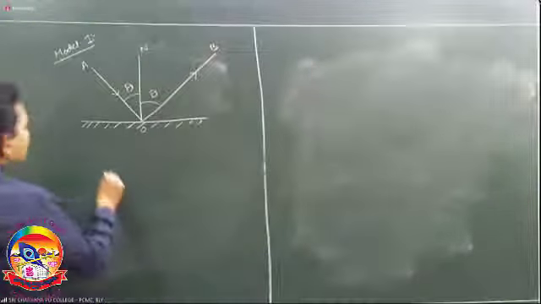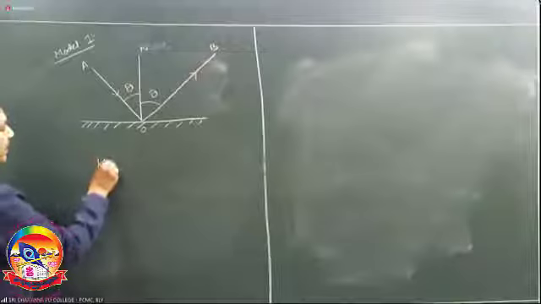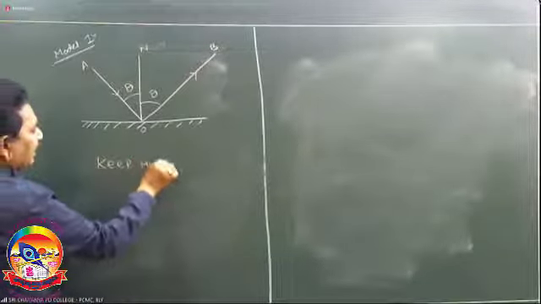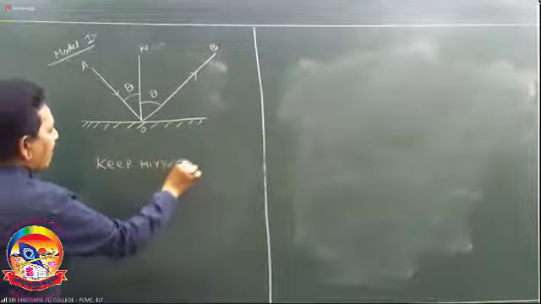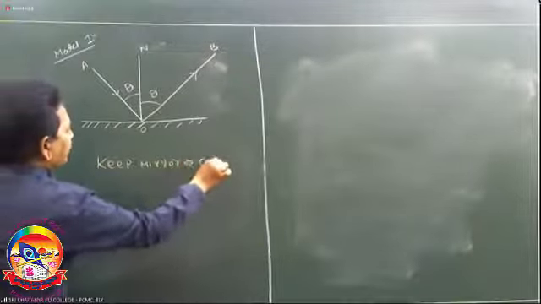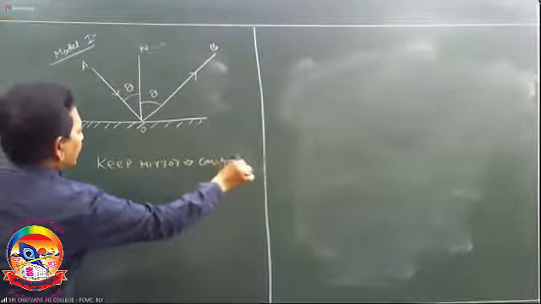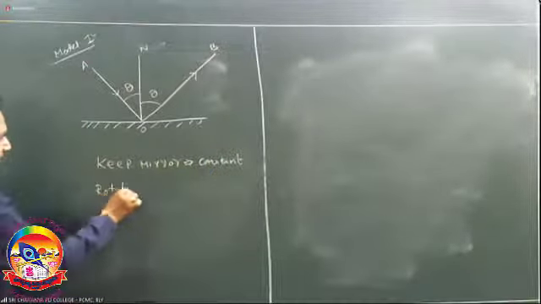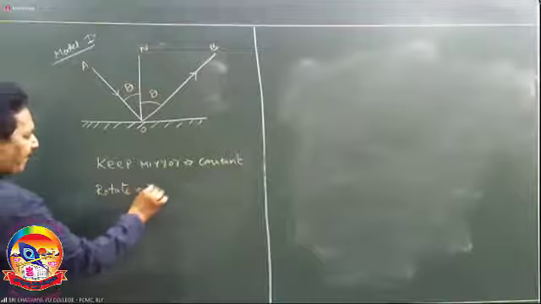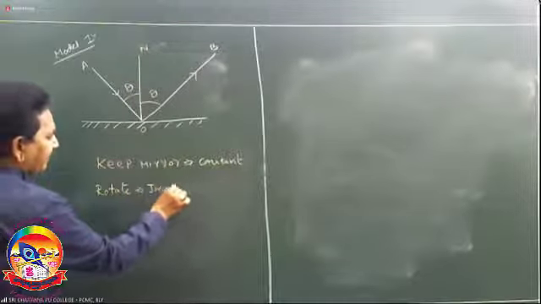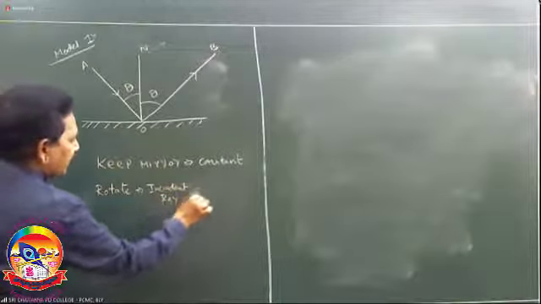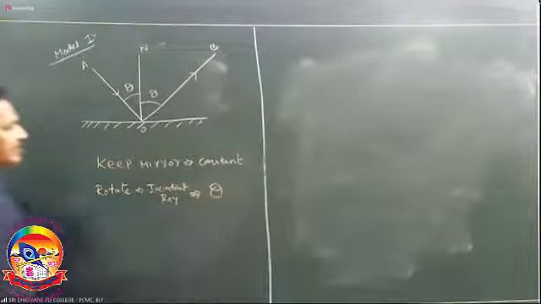Now what is the concept? Keeping the mirror constant, without moving, rotate the incident ray by theta. What happens to the reflected ray?